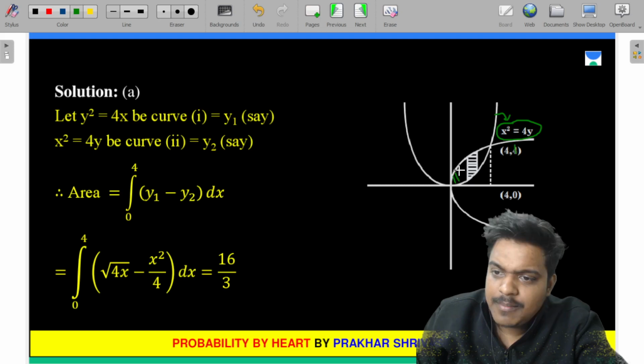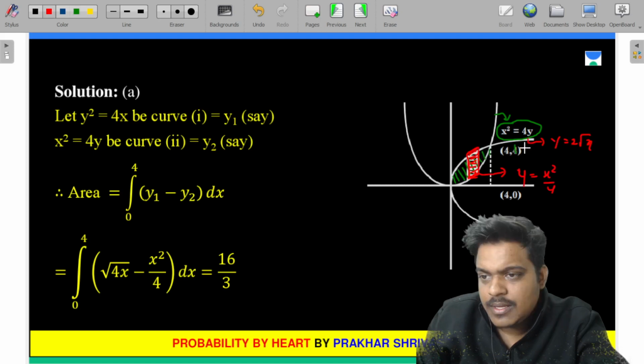Now we take a strip in between, which is usually done. Here the y value is varying. This curve can be written as y is equal to x square by 4, and this curve can be written as y is equal to 2 root x.